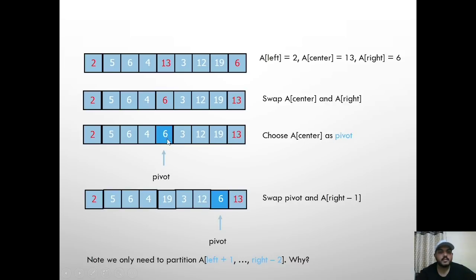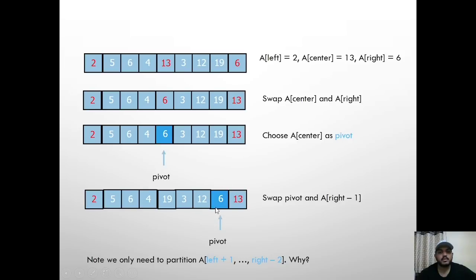That means the element 6 is swapped, and the pivot goes to A of right minus 1.